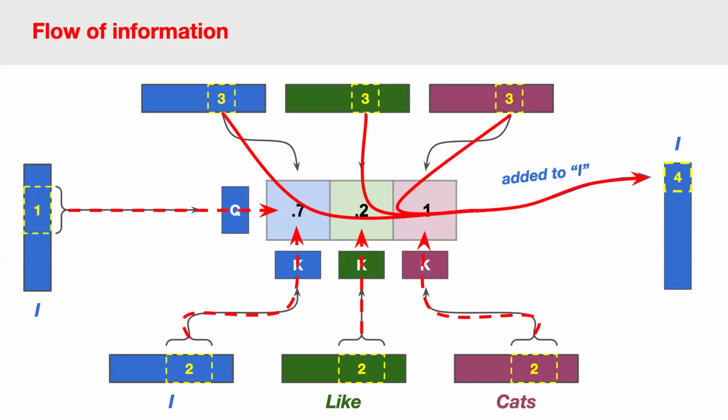And this is the way information is flowing throughout the process of attention, if you will. We take a subspace from I that goes in, and that is our query. We take a subspace from "I like cats", which become our keys.